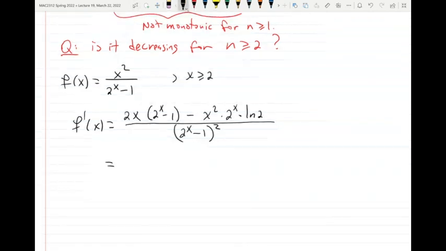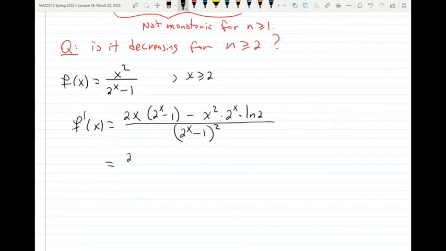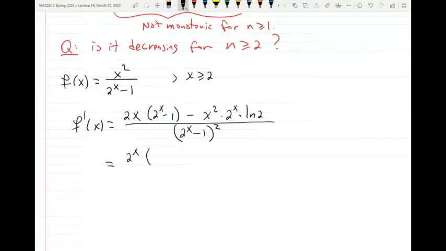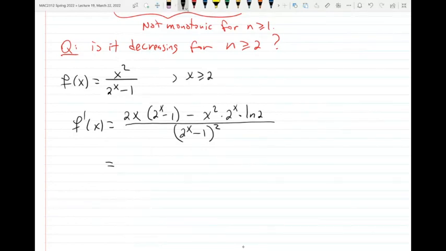Let's clean this up a little bit. I'm going to factor out 2 to the x. Actually, I cannot factor out 2 to the x yet. I just clear parentheses.